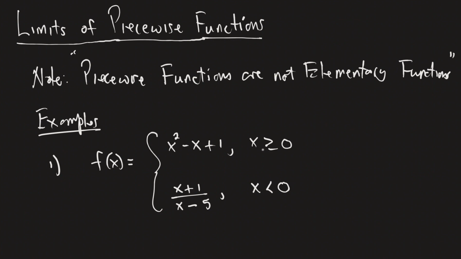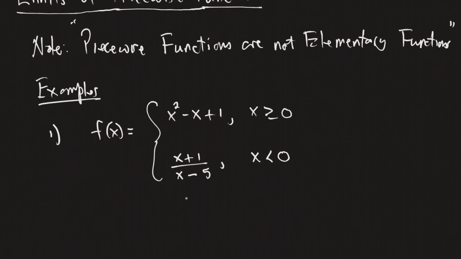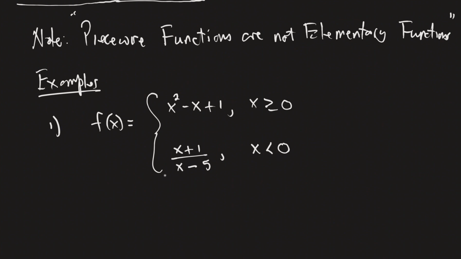So this is our piecewise function, and let's say we had to find the limit as x approaches 0, the two-sided limit of this function. So what is this?